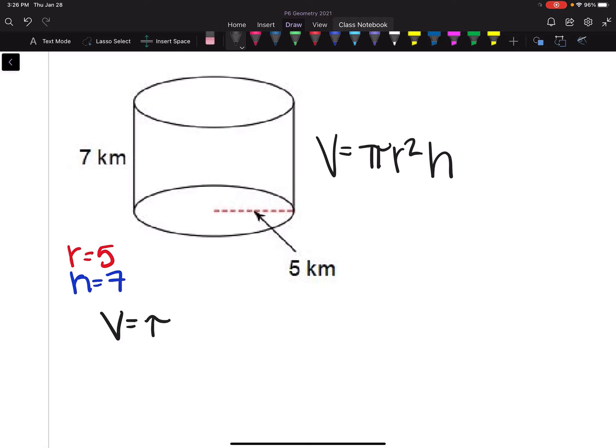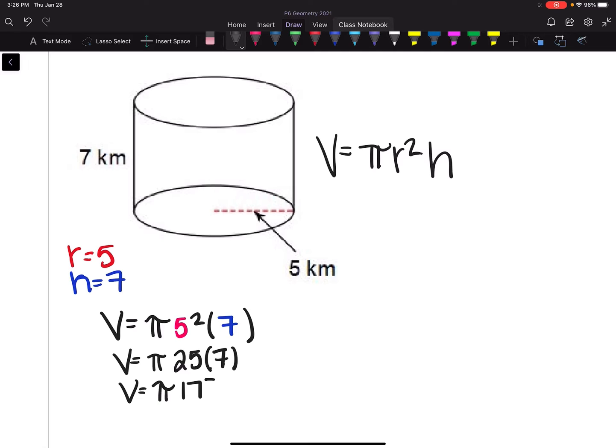So I'm going to go ahead and substitute in my two values here for r and h. So I've got pi times 5 squared, which is 25, times 7. And then I know that 25 times 7 is 175.